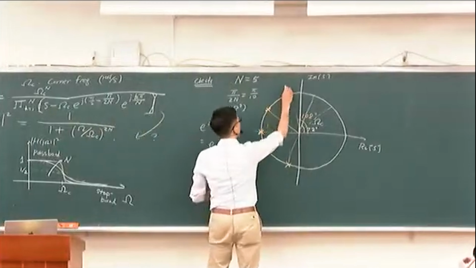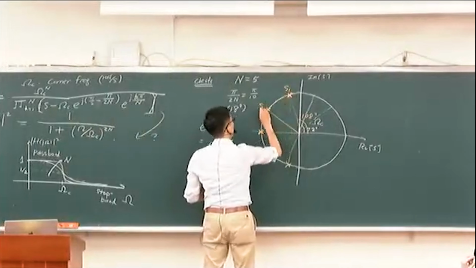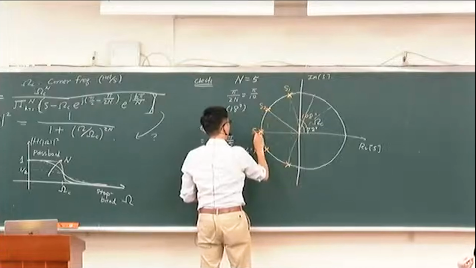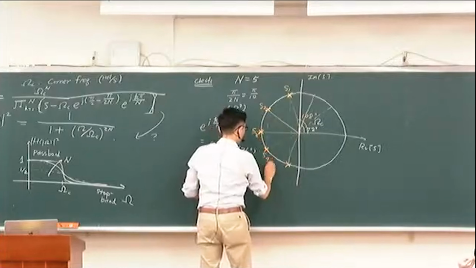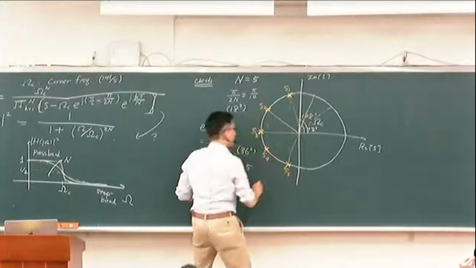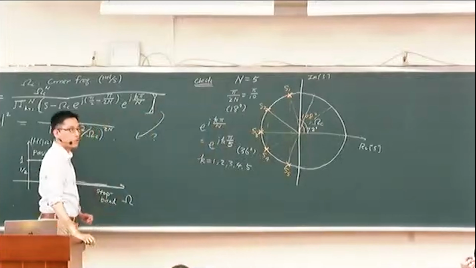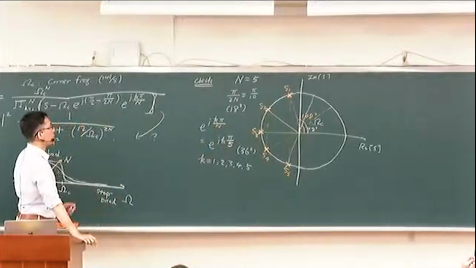So you can even give them names, S1, S2, S3, S4, S5. Complex numbers on the S plane, 5 of them. So that's H of s.